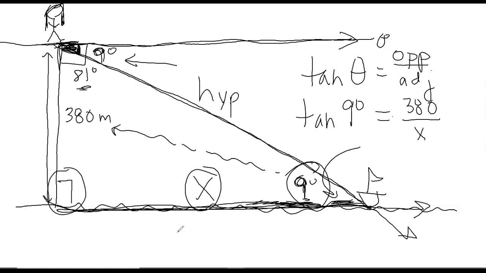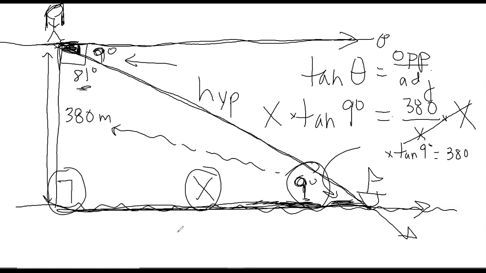Well, how do we solve for x now? We always multiply by what's on the bottom. Multiply both sides by what's on the bottom. So I'm going to multiply both sides of this equation by x. So I have x now on the left, and the x's on the right cancel out. X on bottom, x on top, that means they cancel out. So I have 380 on the right, and I have x tan 9 degrees on the left.